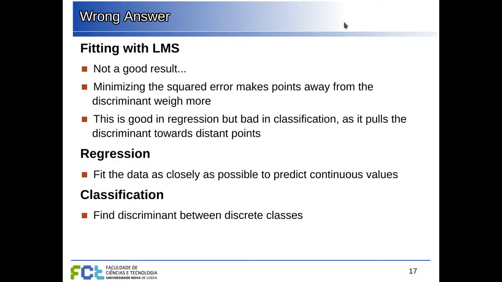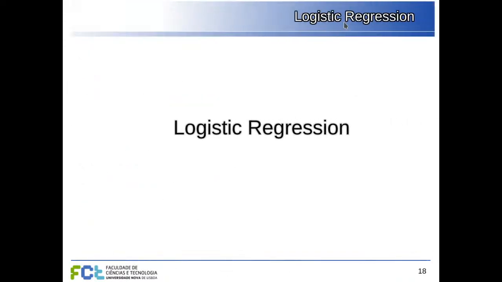And this gives us a more intuitive notion of the difference between regression and classification. In regression, we want to approach the data as closely as possible. In classification, we want to separate the two sets, and we don't particularly care if we are close to the data or not. In fact, it's even better if we manage to separate the classes with a discriminant that is far away from all the points.